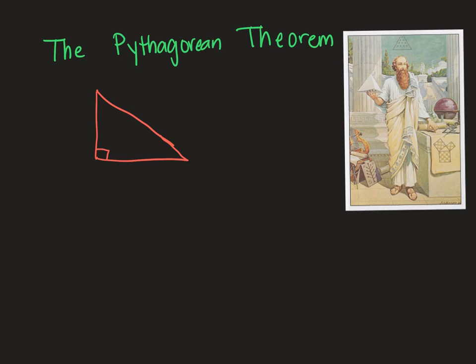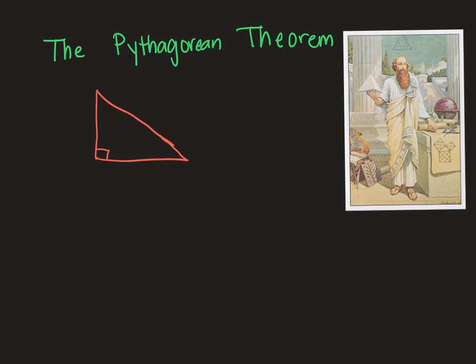Sorry for my awful squares. Well, if you were to add the areas of those two pieces, well, that would equal the area of a square made out of the side that is the hypotenuse.